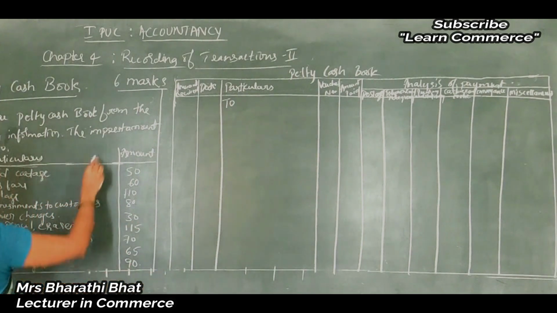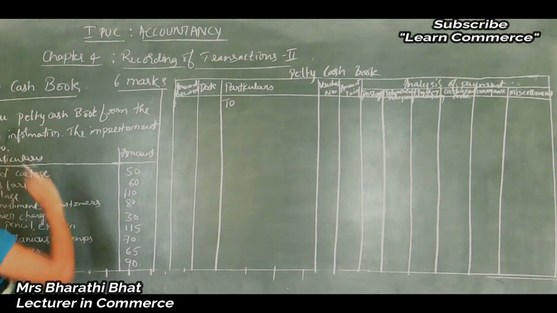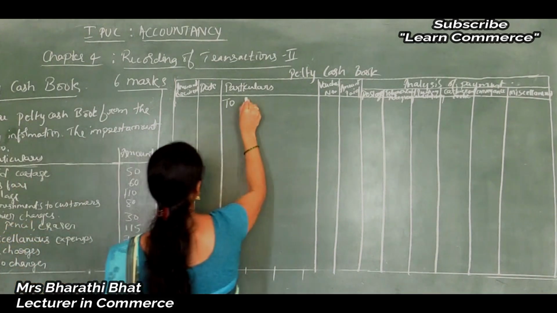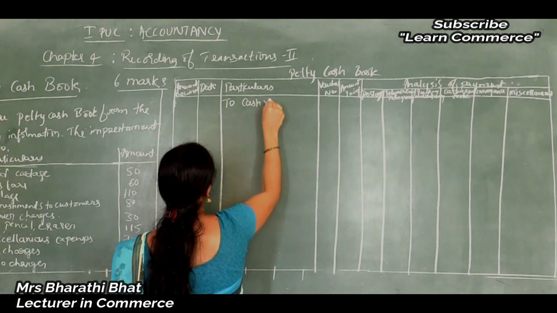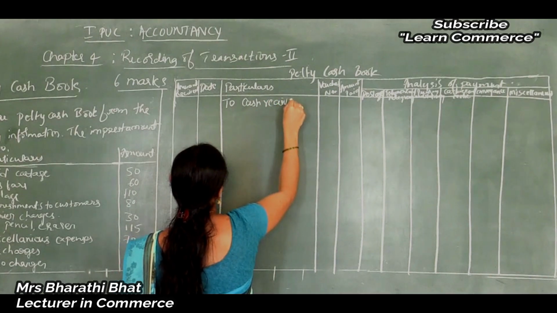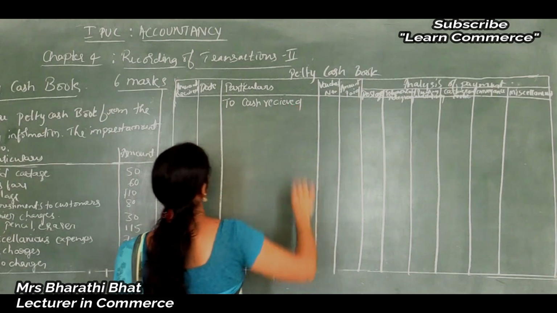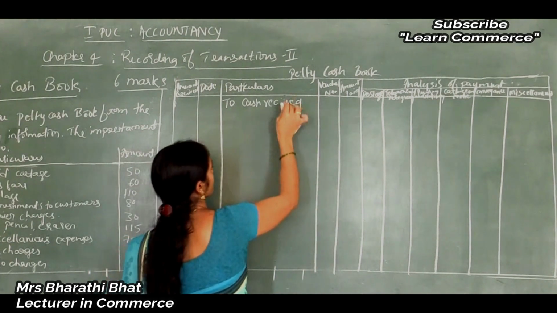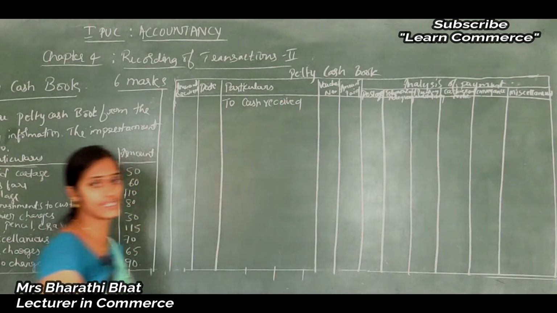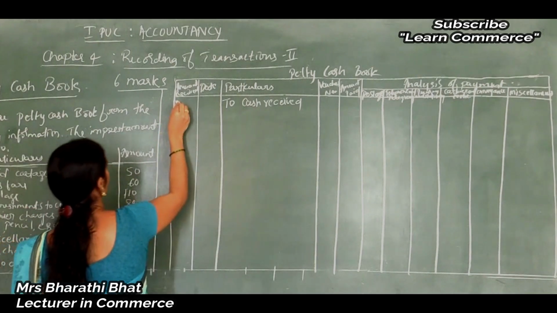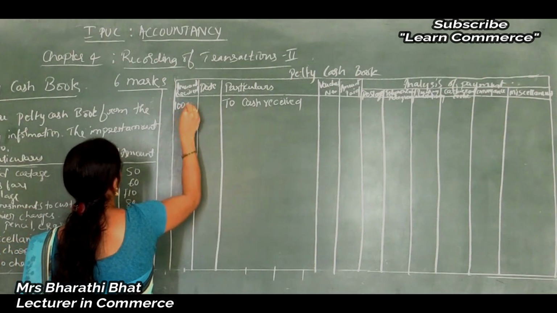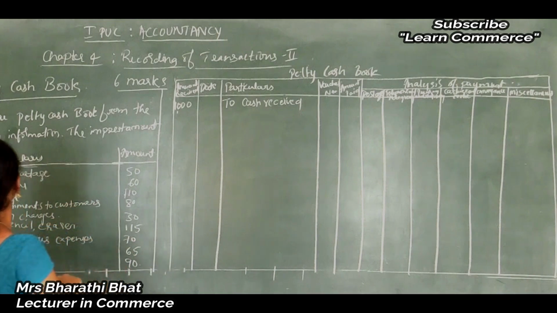So you received the imprest amount, ₹1000. So like this, to cash received. How much did you receive? 1000.